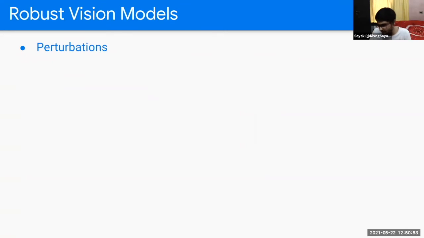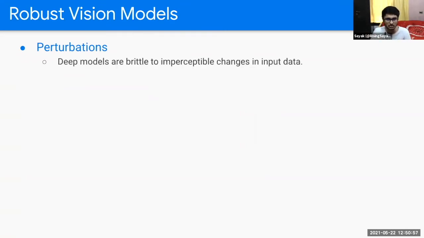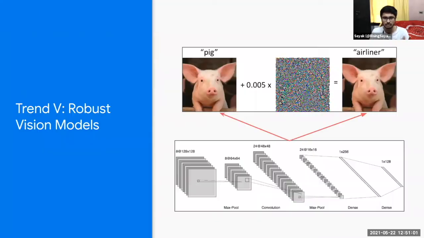The problem is neural networks can be very brittle to imperceptible changes in input data. So this image perfectly conveys this idea. On the left hand side, we have an image of a pig, right? The network is able to classify it as a pig with utmost confidence. But if we add a very little amount of noise to it, it still results in an image of a pig.